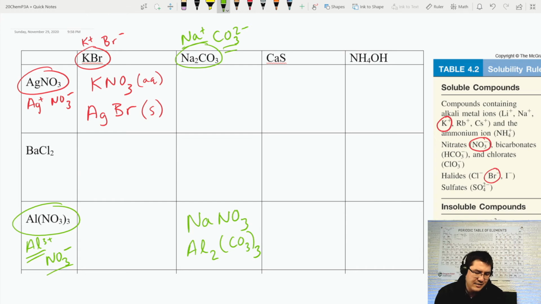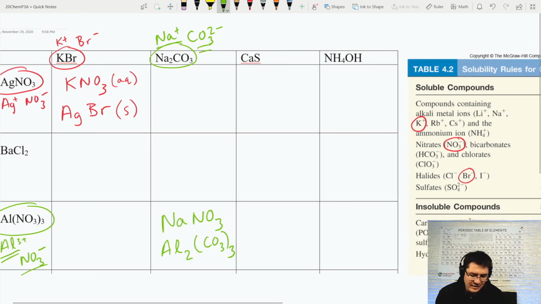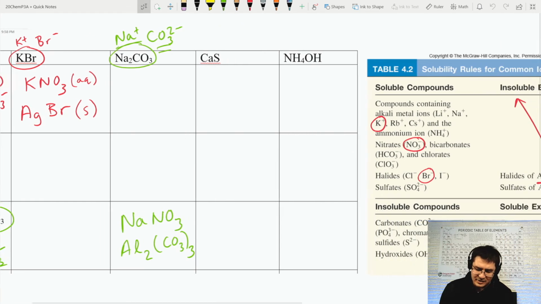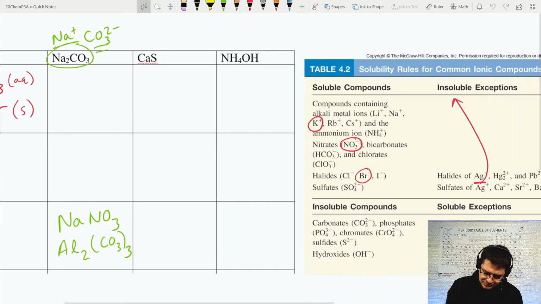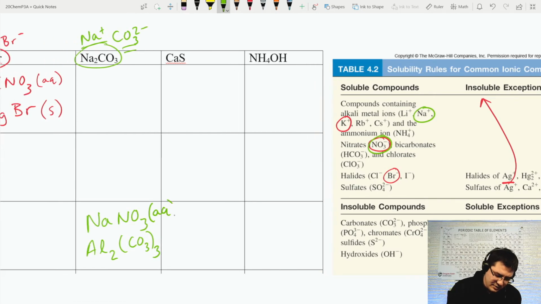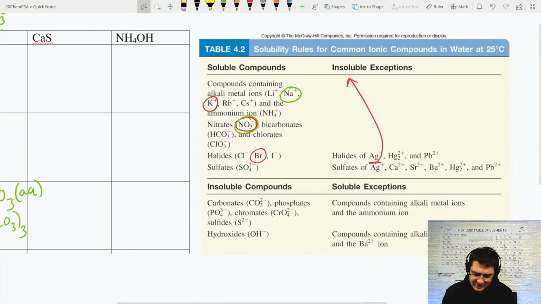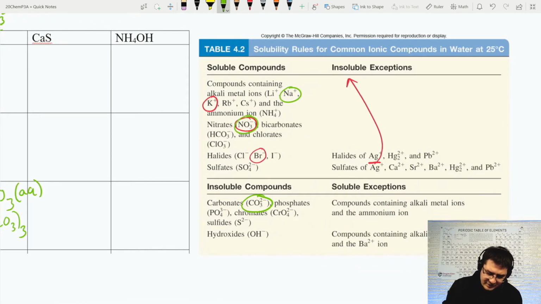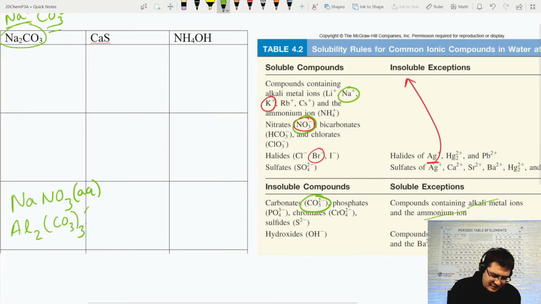Now looking at solubility rules, I can look up sodium nitrate. Okay, so sodium nitrate falls under the soluble AQ. And aluminum carbonate, so I go find carbonates. Carbonates are insoluble and definitely not an alkali, definitely not ammonium. So this one turns out to be the solid precipitate.